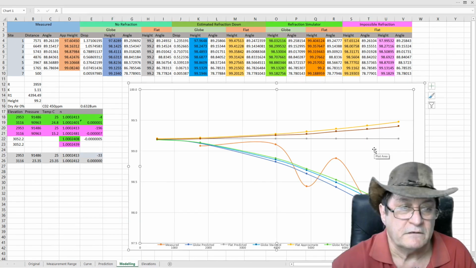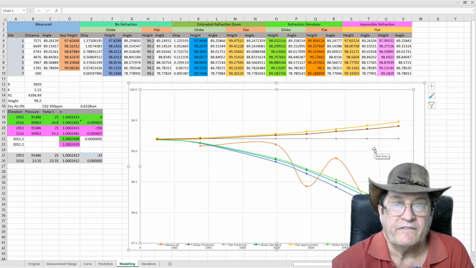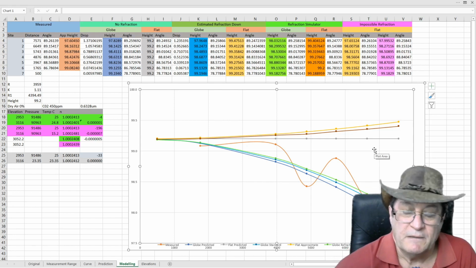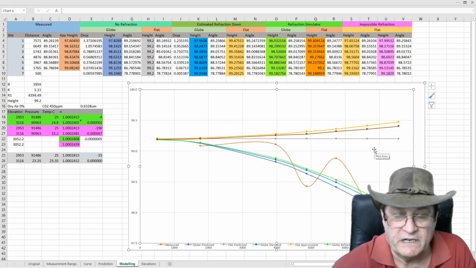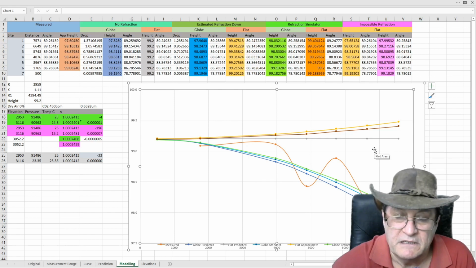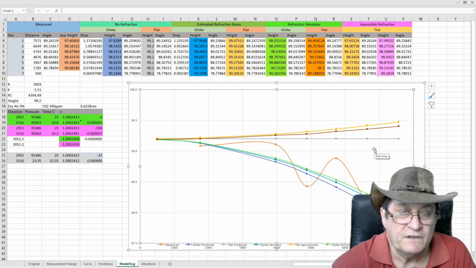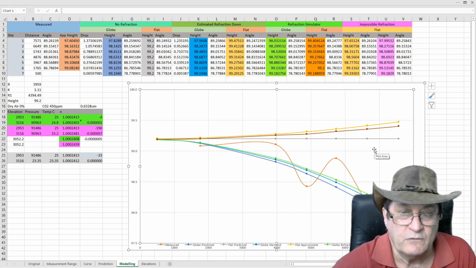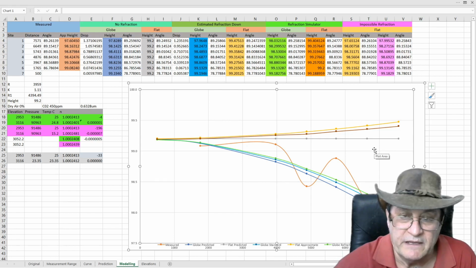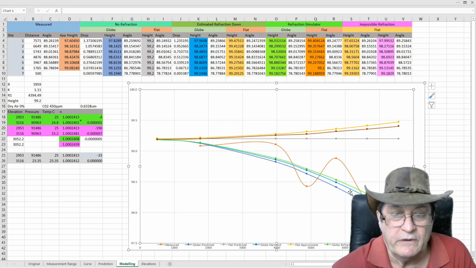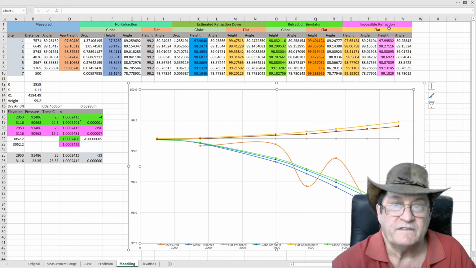So far, so good. Now then, we have to answer the question: how much would the refraction have to be to bring the refraction, first of all, in the opposite direction to what it normally is, and then to match what we need it to match to fit this data, which I've said is impossible.